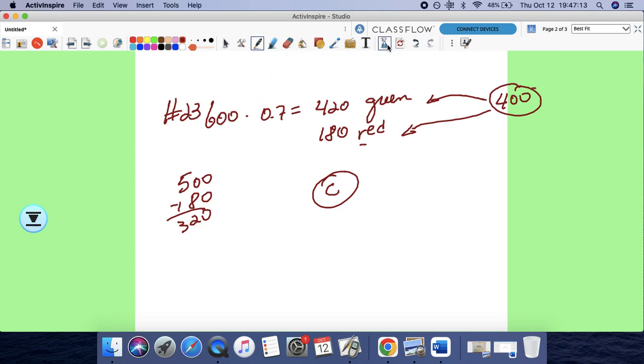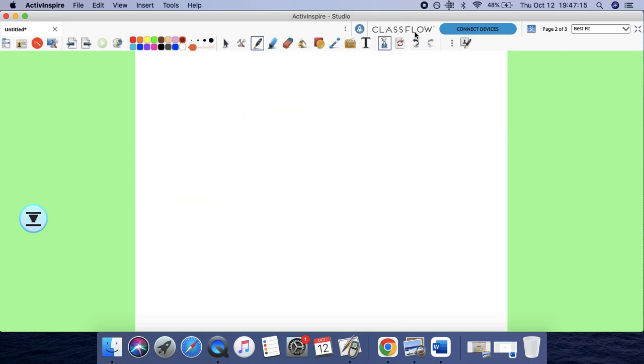Okay. The next section, let me go back, please. Next section is scientific notation. I like scientific notation. I guess I'll find where that is.